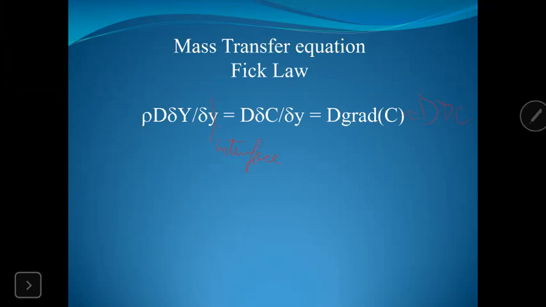To complete the equation, I need boundary conditions. For the initial condition, when t is below t0, Y equals Y0 equals 0. The initial mass fraction is equal to 0.